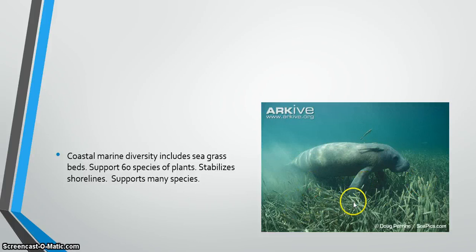And of course, where there's lots of plants, you'll find lots of animals. These seagrass beds can support up to 60 different types of plant species. Not only does that primary productivity support the food chains in the coastal areas, but it also helps stabilize the shorelines. The plant roots help keep soils in place.